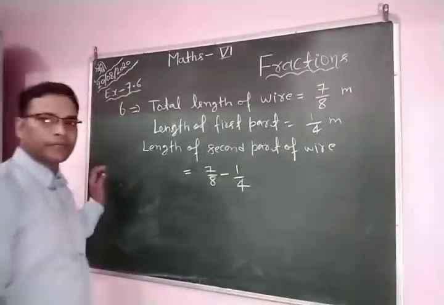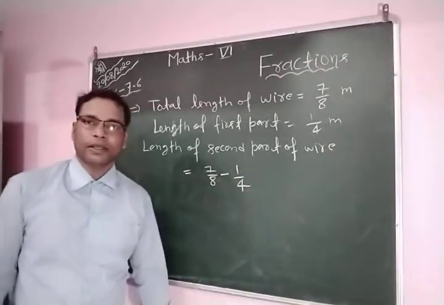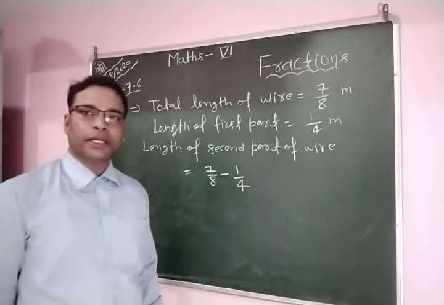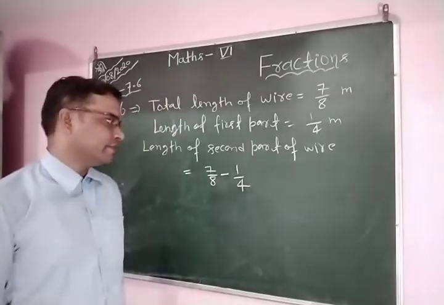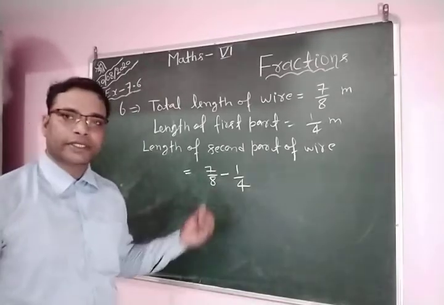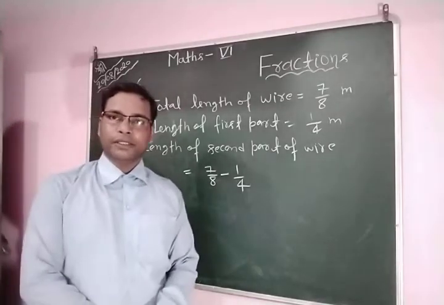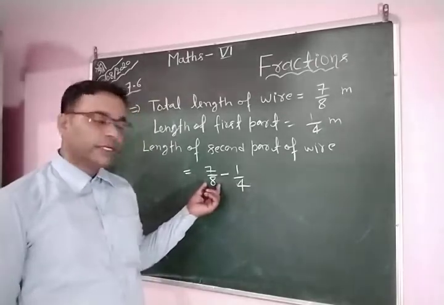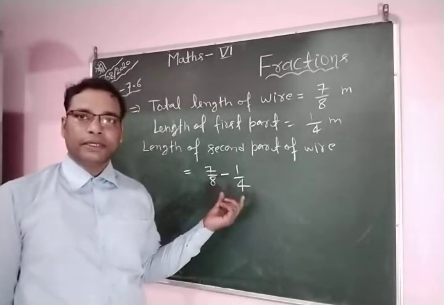So what is the LCM? Here you can see one fraction is 7 by 8 and another fraction is 1 by 4. Both fractions are unlike fractions, and the denominators of both fractions are different, 4 and 8.